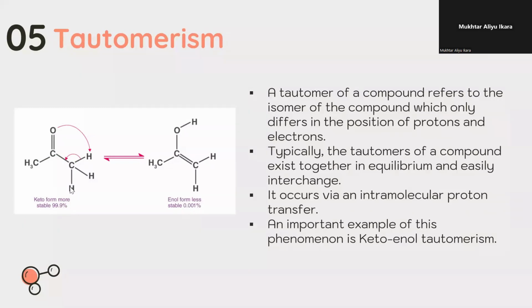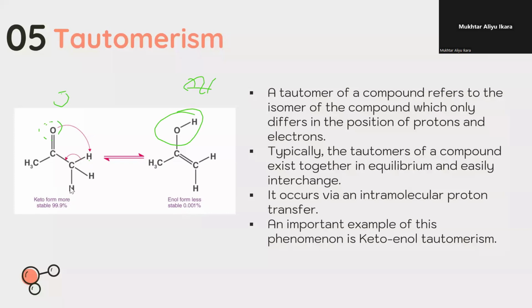Here there is just oxygen, and here there is a hydrogen. Between this compound and this compound, there is a shift of this hydrogen to this position. That is why here we have OH, and here is just oxygen. So hydrogen is shifted from this carbon to this oxygen.